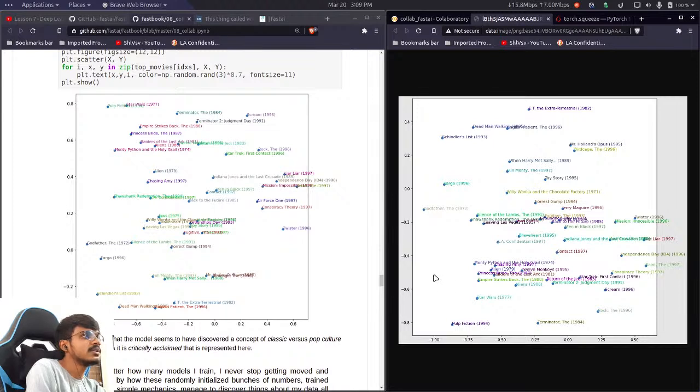So negative means, does it mean not so science fictiony? Because this bunch does contain a lot of science fiction movies. Yeah, this x-axis might be representing science fiction movies.